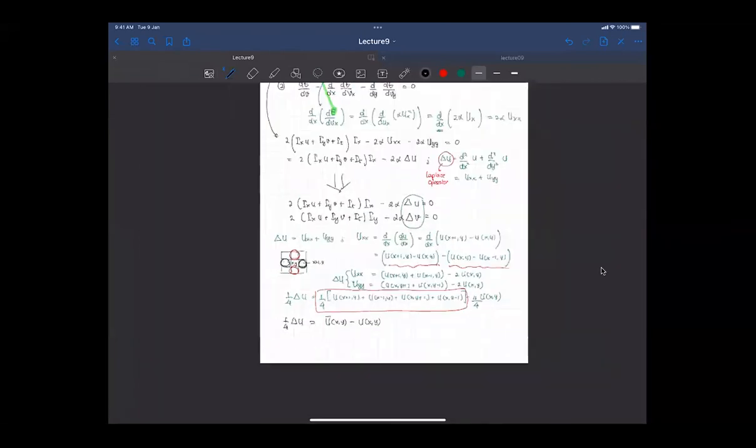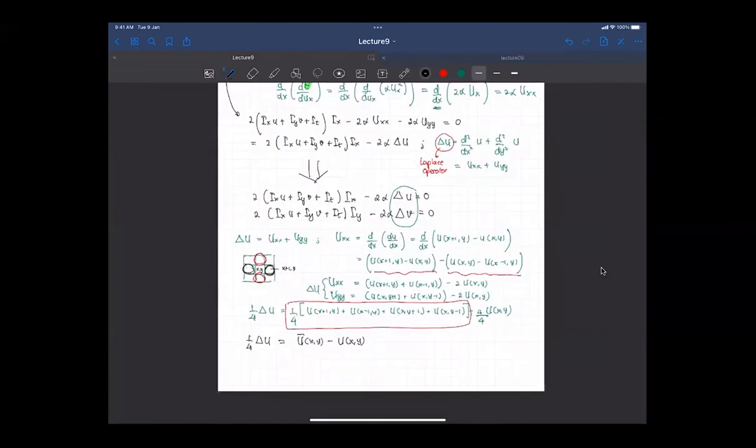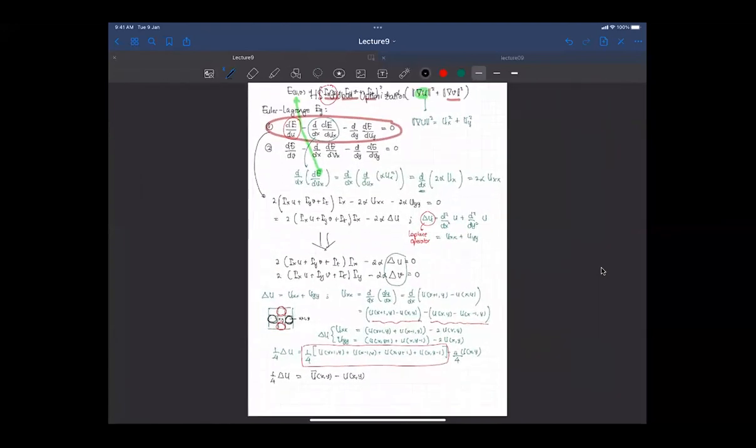Because of this, then I can express this equation with the average pixel. I can use average pixel to express this equation here.